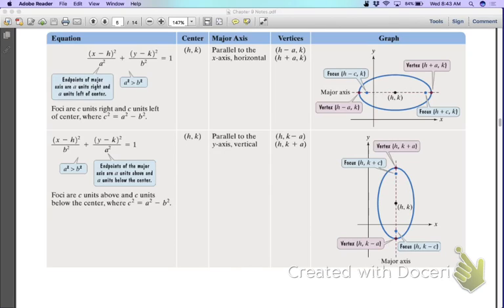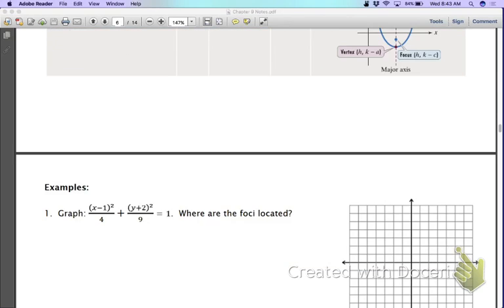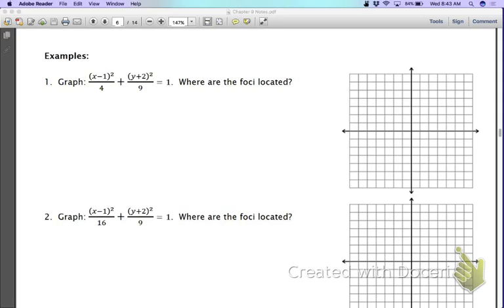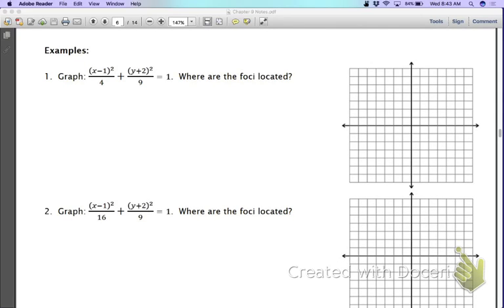You still look at wherever your bigger number in the denominator is. That's still going to go with either your x or your y, as far as whether it's a horizontal ellipse or a vertical ellipse. So this is essentially the same problem that we had on example 1.